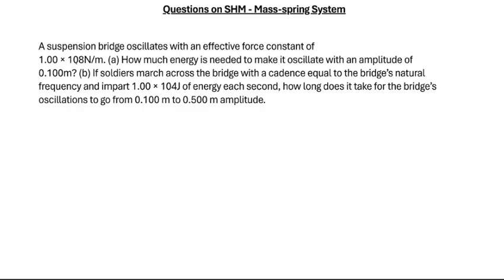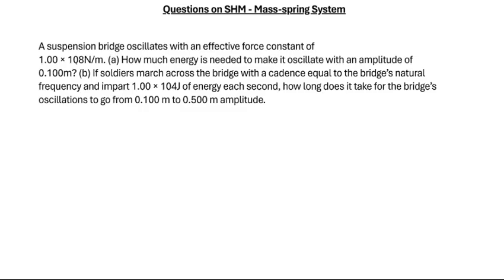How long does it take for the bridge's oscillation to go from 0.1 to 0.5 amplitude? If you can try it, you can just pause the video and give it a try.